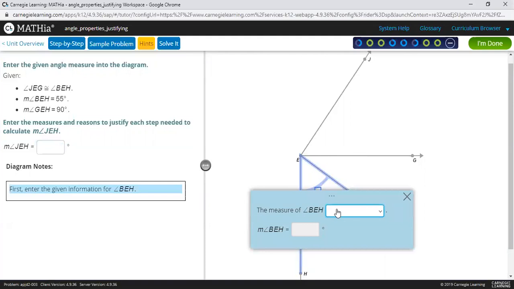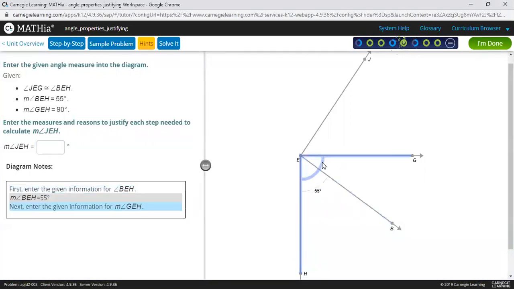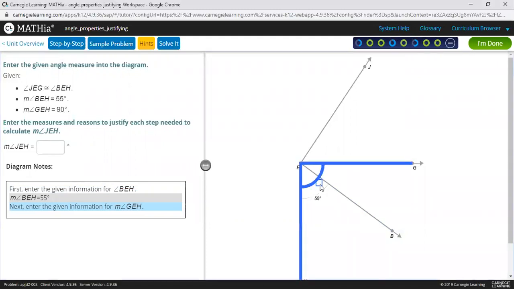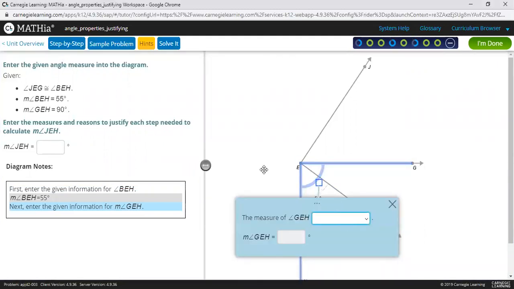So BEH is given right over here, and that is 55 degrees. So now I'm also going to identify that GEH is given as well, and that's 90 degrees.